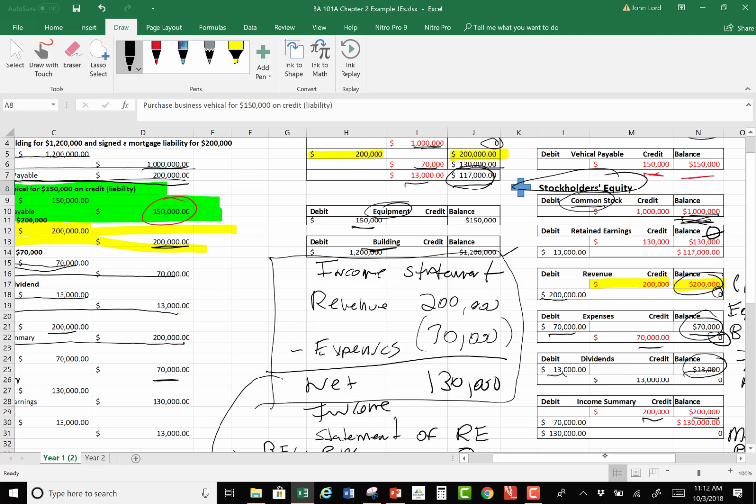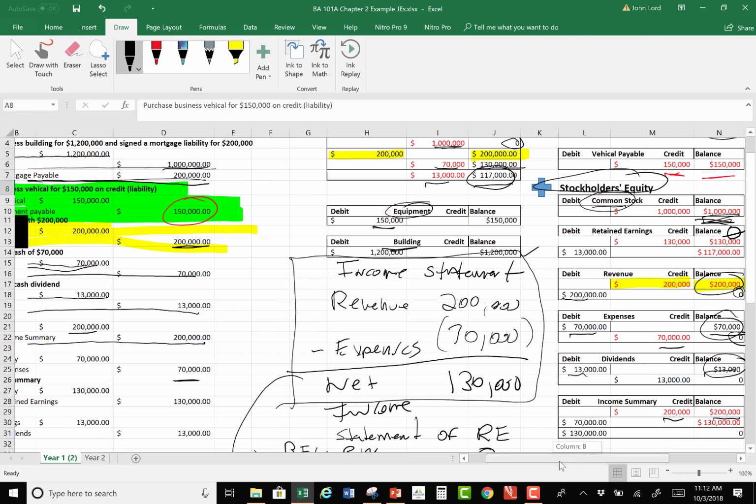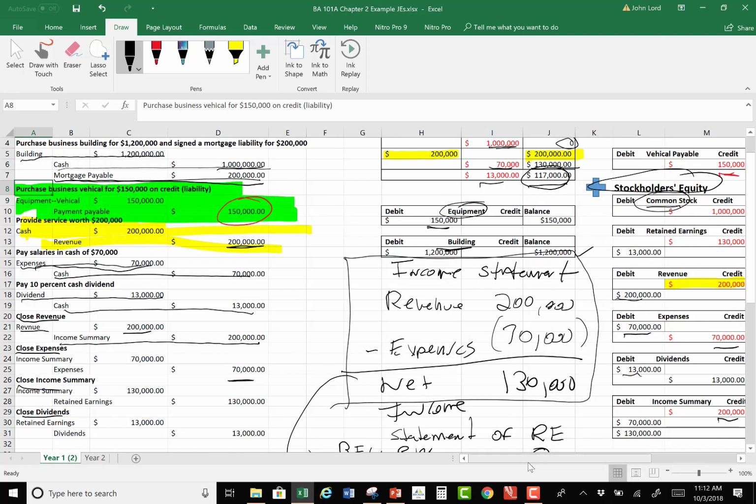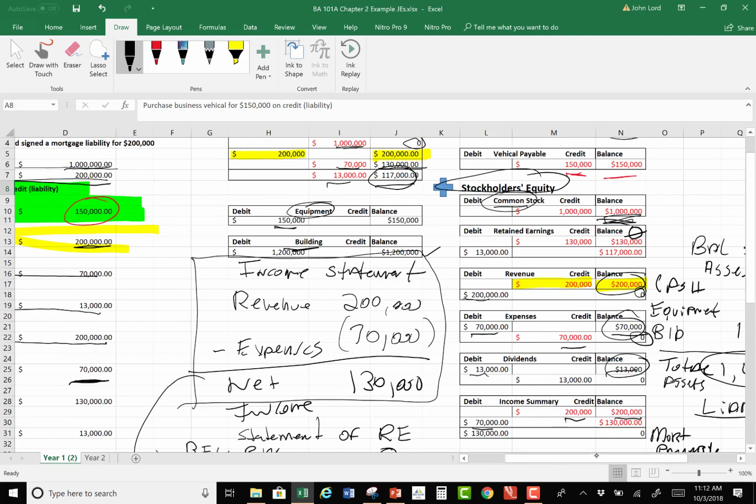To close it, I'm crediting it. That brings it to 0, right? And in the same entry where I credited expenses, I debit income summary. I post that debit to income summary. And when I do, now the balance is what? 130,000? So income summary is showing me my net income for the period, isn't it? It's kind of a cool account because for a minute it says, this is what your net income was. 130,000 was my net income.